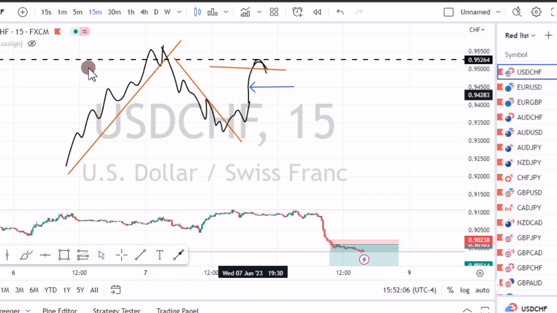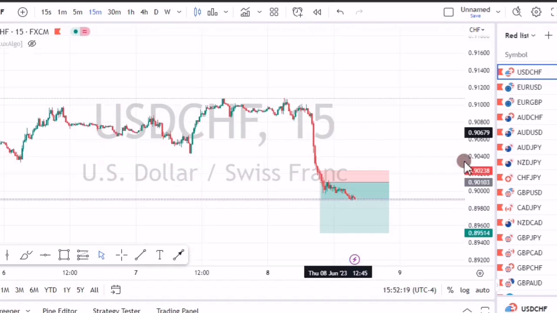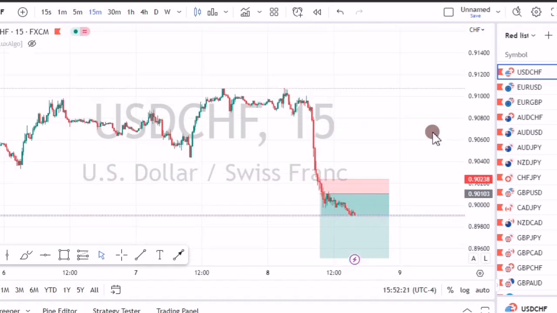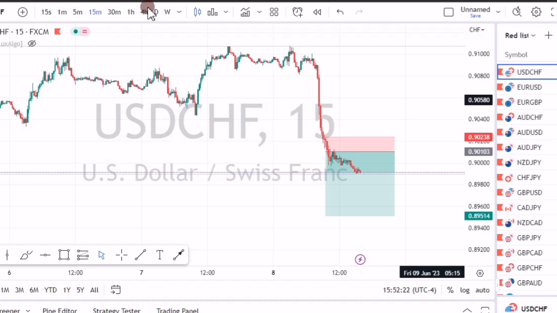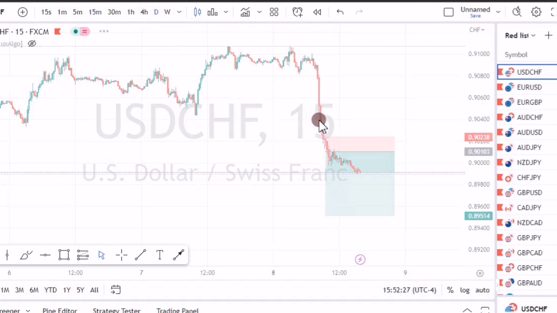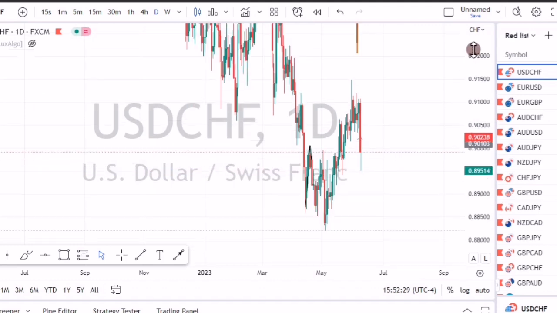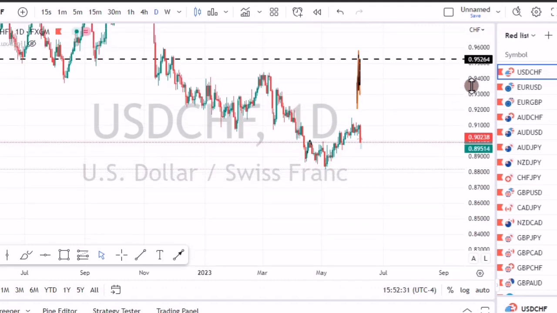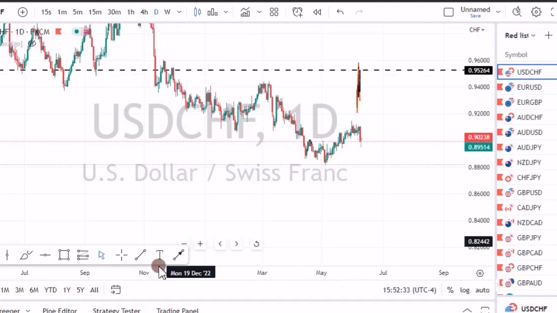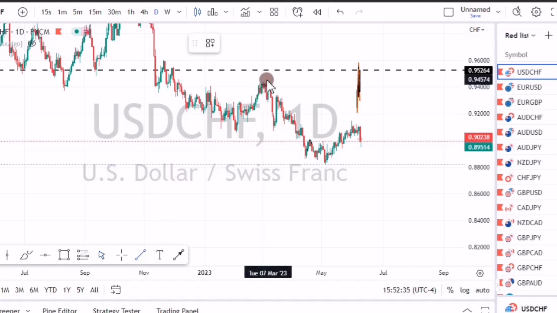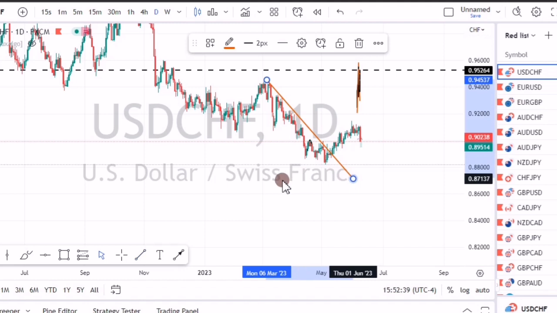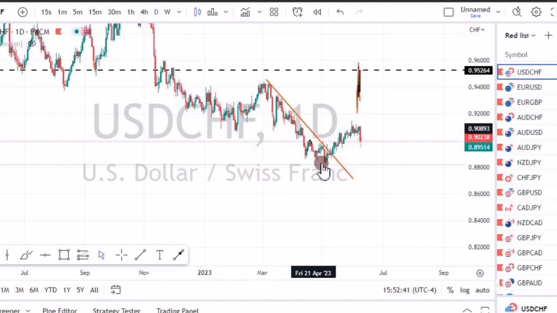Okay, maybe for a quick example, let's come to the same pair. And another thing, guys, you have to check this from a bigger time frame. For me, I like to do it from the daily time frame. Okay, from the daily time frame, you can look at this was a downward channel.